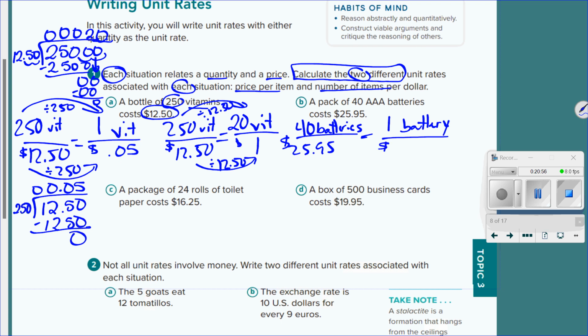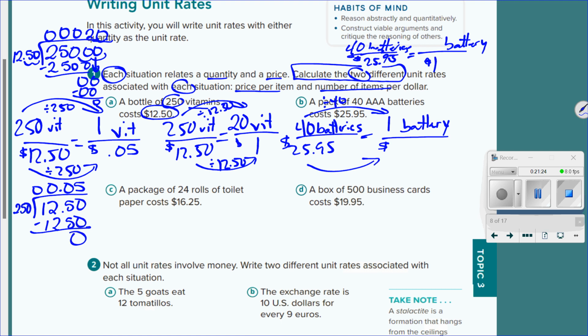Then we have to do it again. 40 batteries and $25.95, and then $1.